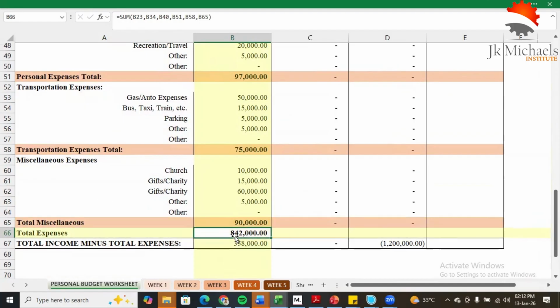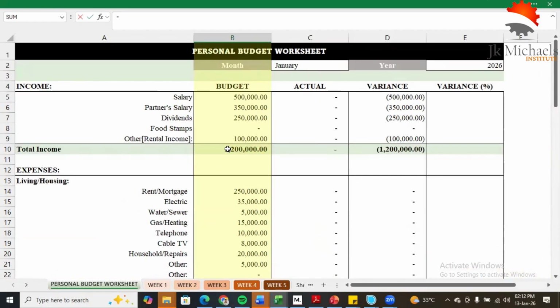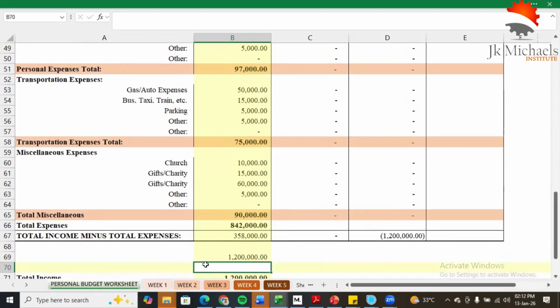If this is our total expenditure, then total income minus expenditure, in this case, what we plan for is 1.2 million, don't forget this, 1.2 million, right? These are our total expenses, right? To get this figure we have here, we're going to take our 1.2 million, which is our planned income, and take this amount.